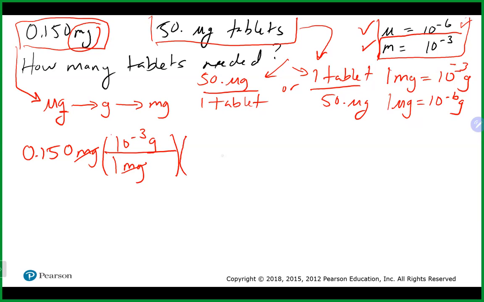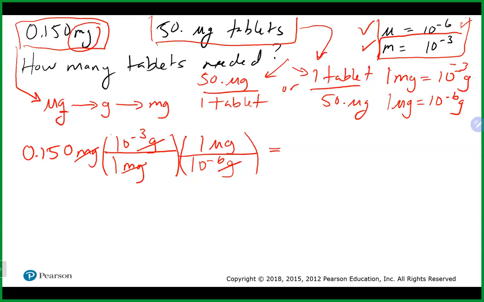Because I set this up with dimensional analysis, I can clearly see that the units of grams are up on top. To make it cancel, I need to put the grams on the bottom. So that would be 10 to the minus 6 grams on the bottom and 1 microgram up on top. Grams will cancel. Any questions on that setup?